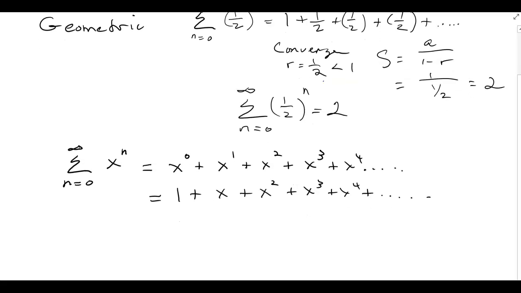Now, here's the interesting thing. Let's just assume our absolute value of x is less than 1, and we can actually get the sum of this, because we can get the sum of a converging geometric series.